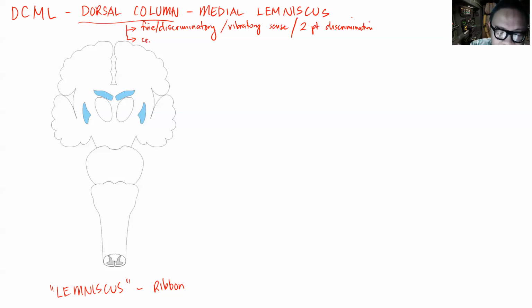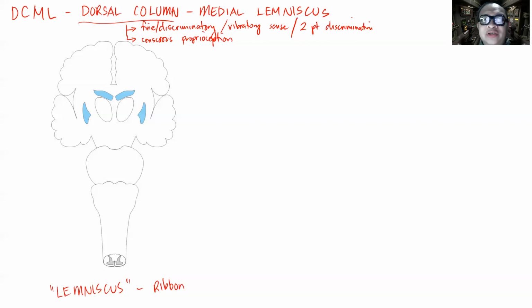That's your conscious proprioception. For a while, I thought I had a stroke there. Okay, what does that mean? Unconscious proprioception is basically a cerebellar function.